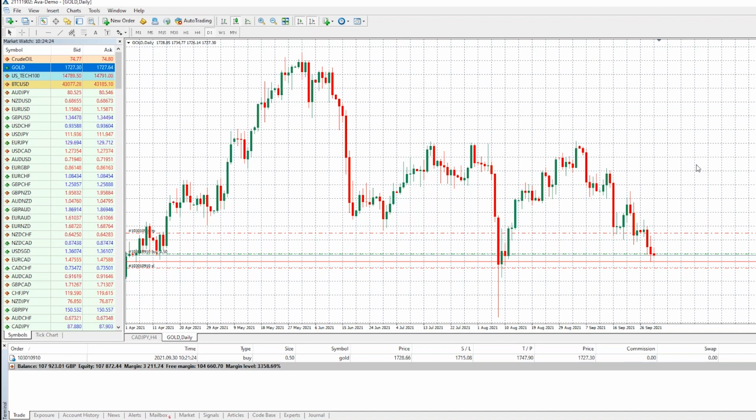Henry, you're asking, what about buying from the last support level? Yeah, if it goes back down there, Henry, that would be ideal, right? Instead of buying now like I did. Maybe you're looking to buy, but you'd like to buy from a lower price.